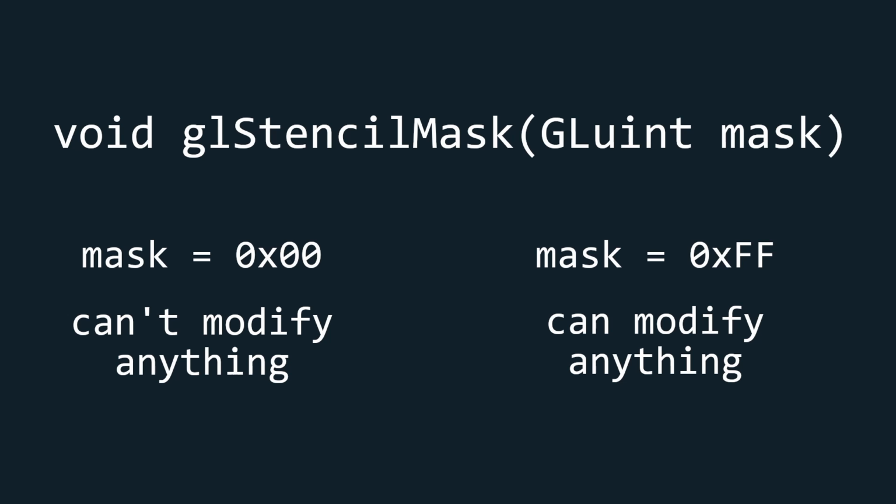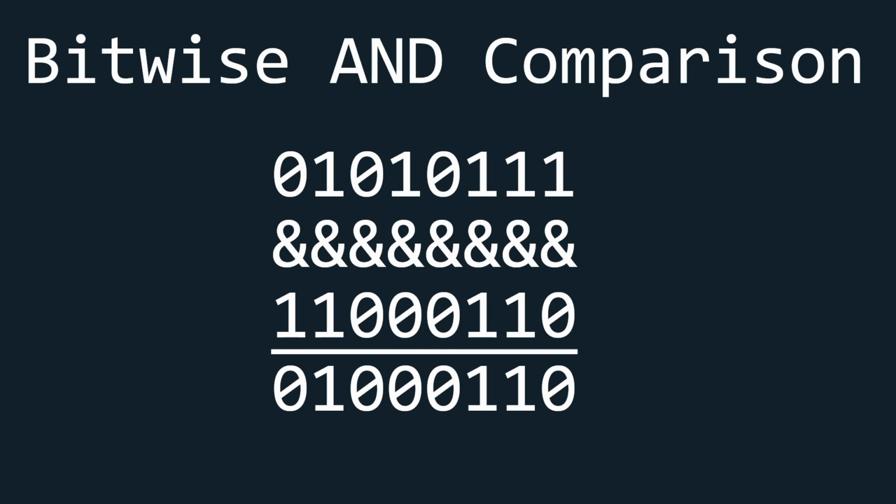First of all, we have the function glStencilMask that allows us to choose which parts of the stencil buffer we want to be able to modify. It simply takes a pixel from the mask and the corresponding pixel from the stencil buffer and applies a bitwise AND comparison on them. Keep in mind each pixel has a byte of data, so 8 bits. A bitwise AND operation compares each bit with its corresponding counterpart and only outputs 1 if they're both 1.